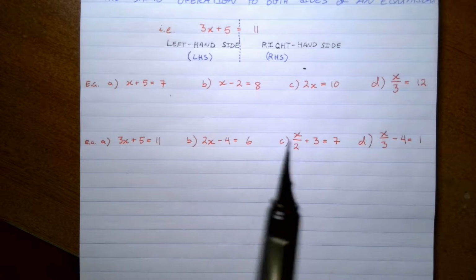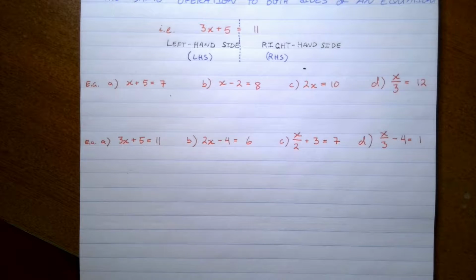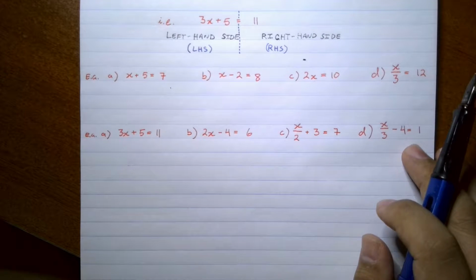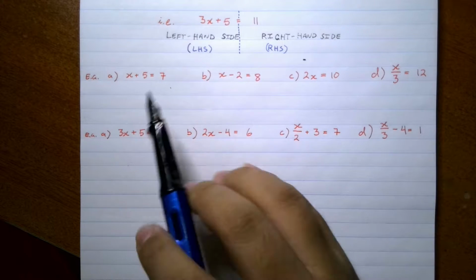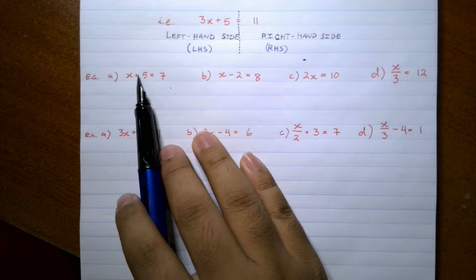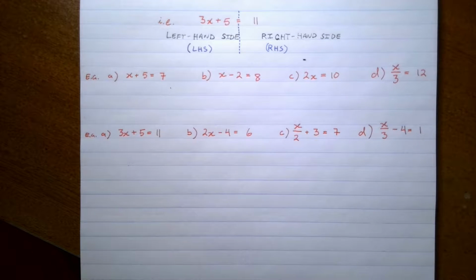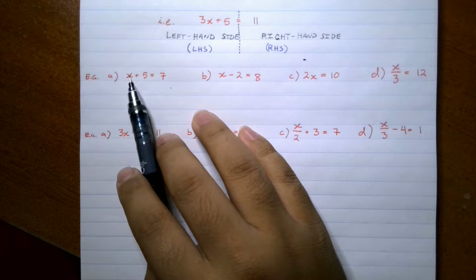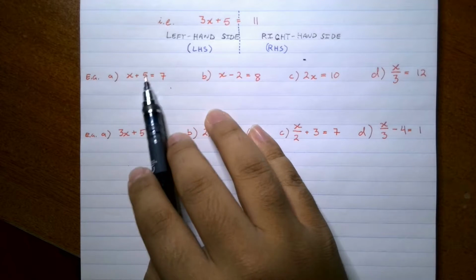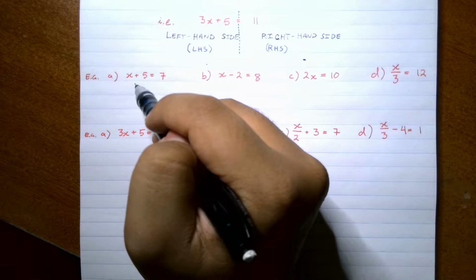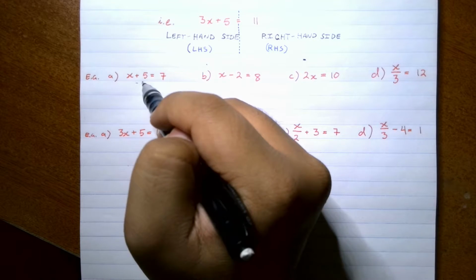I will do a few examples of these with the basic operations. At any time in this video, you can pause it and give it a go yourself. Here we go. X plus 5 equals 7. In this expression, we went from x to x plus 5. So we know since it's plus 5, the reverse is subtracting 5.